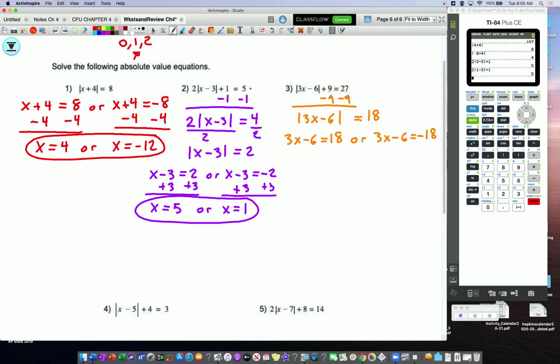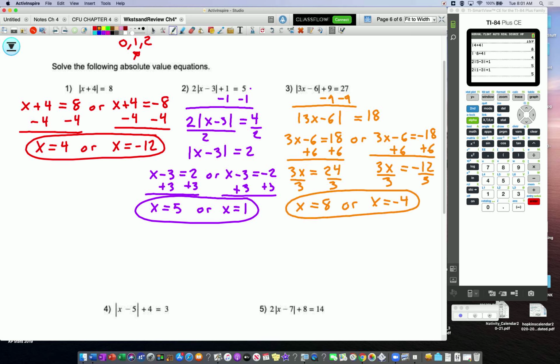So solve each of these. I'm going to add 6 to both sides here. So I get 3x equals 24. Divide both sides by 3. X equals 8. Solve this one. Add 6. So 3x equals negative 12. Divide by 3. X equals negative 4.